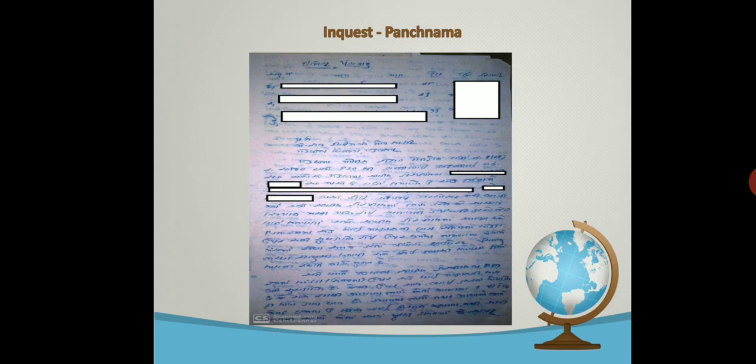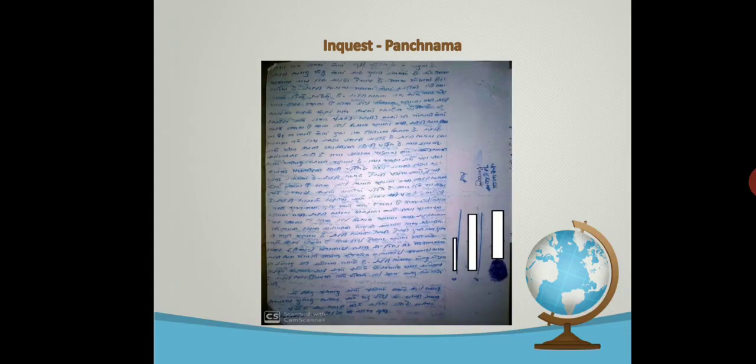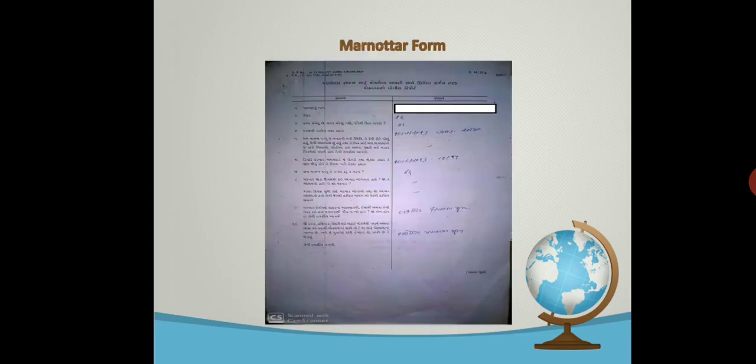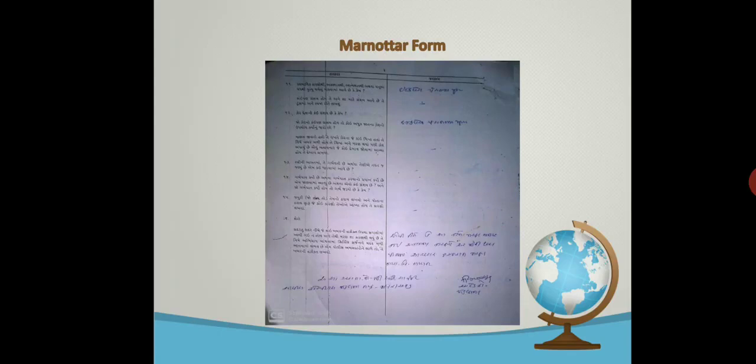All these things are particularly mentioned in the inquest panchnama, and it is duly signed by the panchas and also the investigating officer. The third one is the Maunotar form. In that, all the investigation done is summarized: the person's name, age, when he probably died, the reason for death, and it is duly signed by the investigating officer.